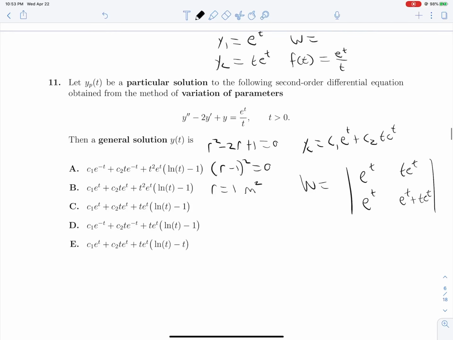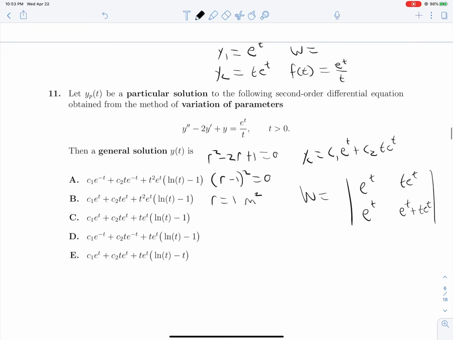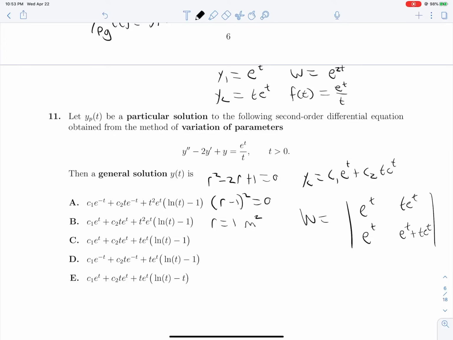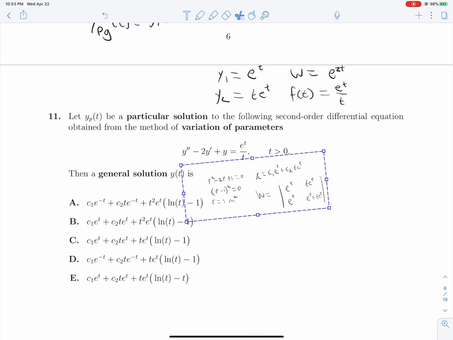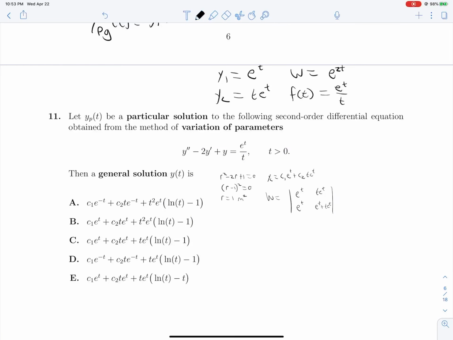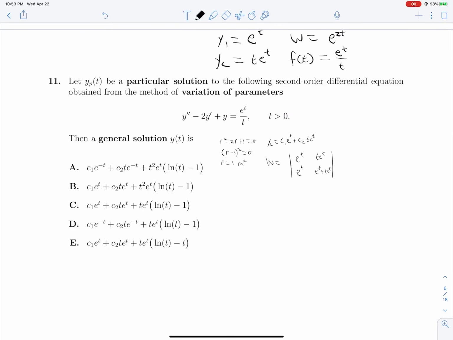So taking this determinant, we have e to the 2t plus t e to the 2t minus t e to the 2t. So we get e to the 2t as our solution. And I'm going to take all this and make it a little small here, because we need some space for this formula.